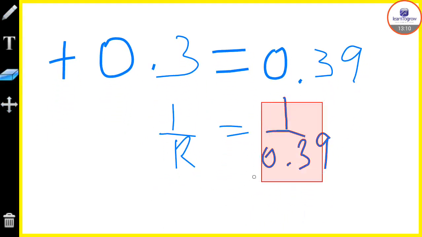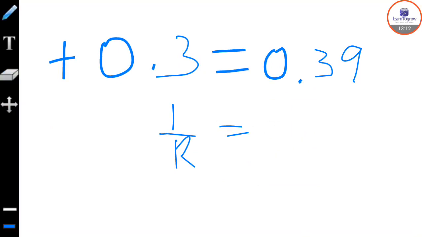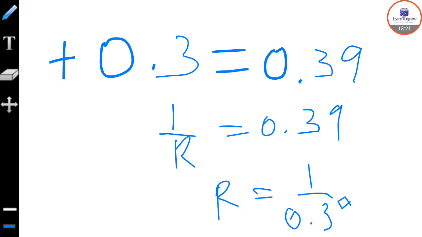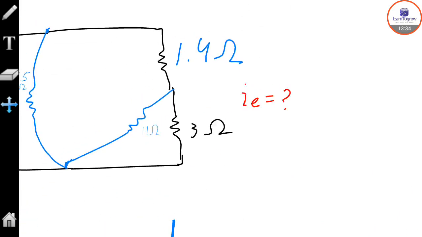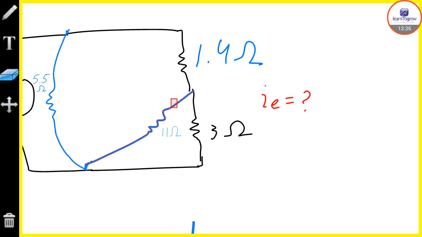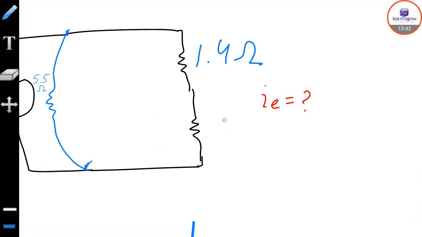Sorry, it is like this, 0.39, and for R we will take the reverse of them as we have done with the other ones. 1 upon 0.39 makes 2.5. I'll directly put the value 2.5. Okay. 2.5 ohm. They both are now in series.